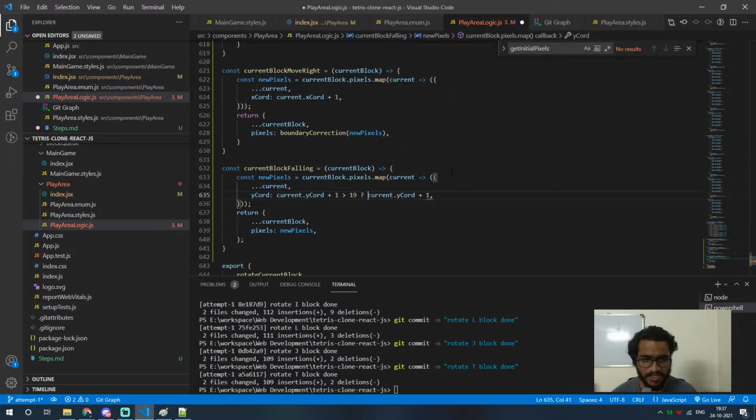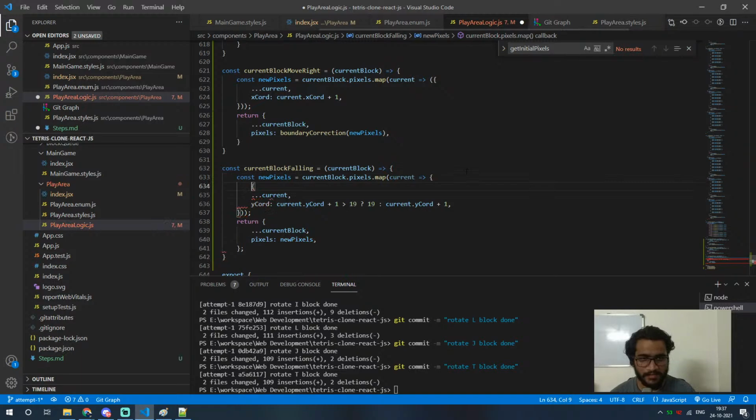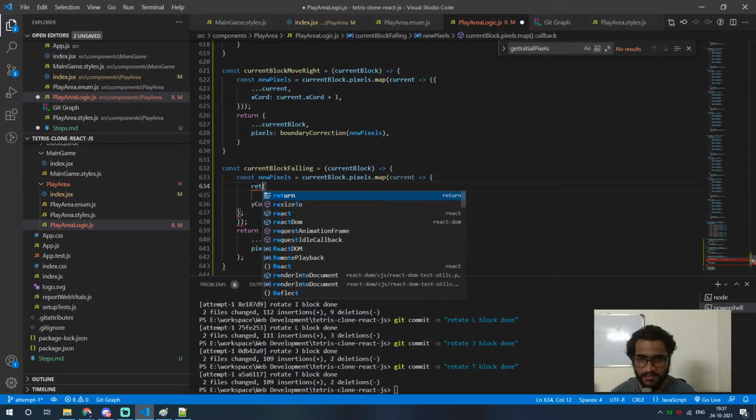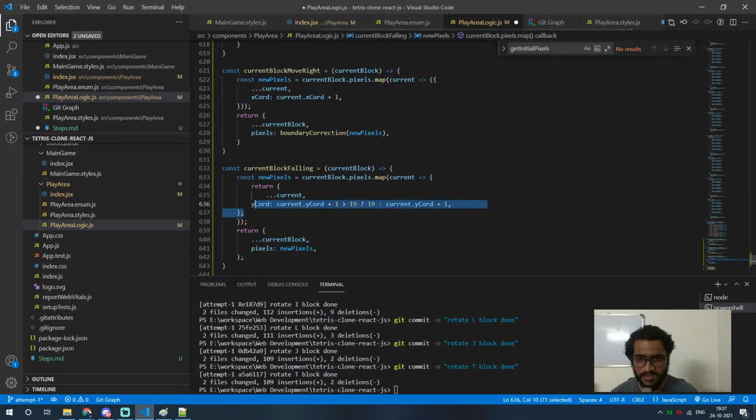If it is greater than 19, it will just stay on 19. Let me just reformat the function. The logic is the same, I am just reformatting it for efficiency.